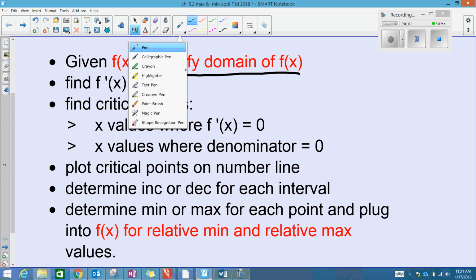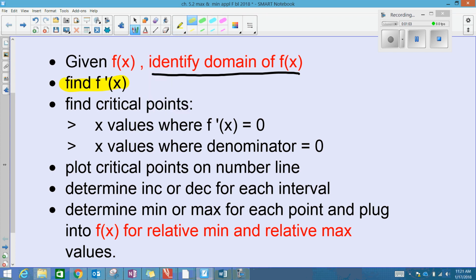Then you want to take the derivative of it, find the critical points, and remember the critical points are the values that make the derivative 0 and the values where the denominator is 0.